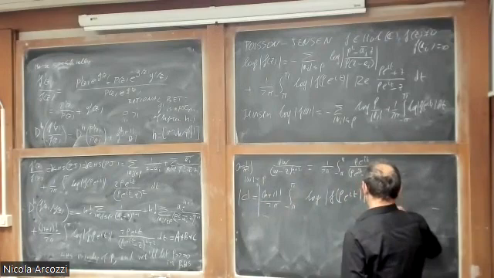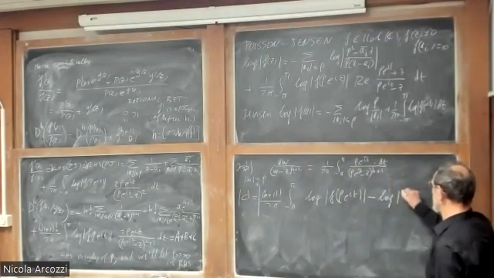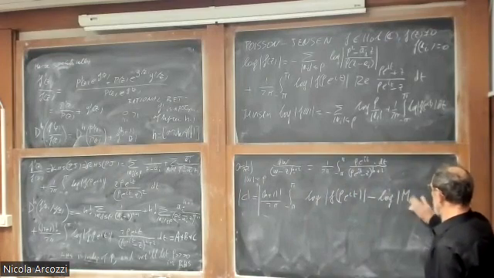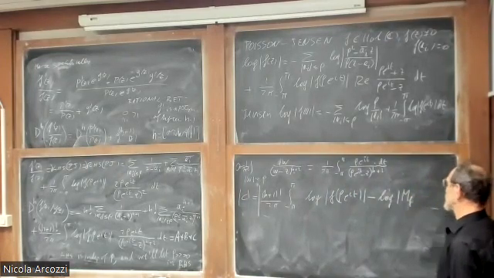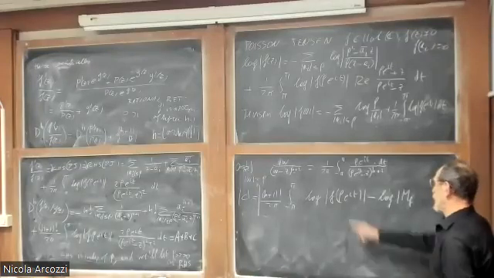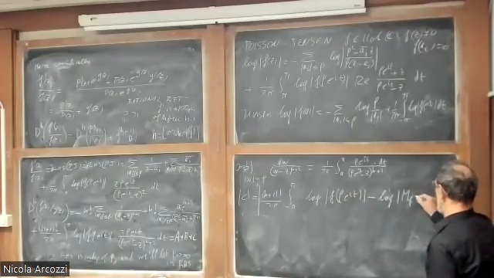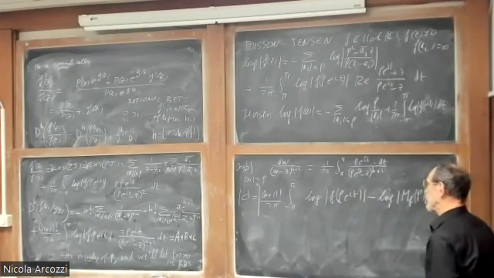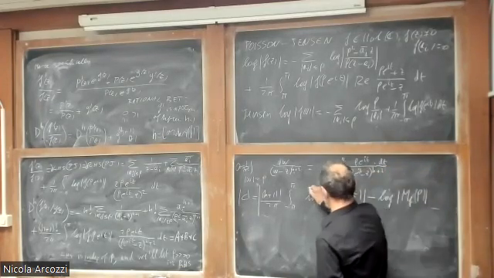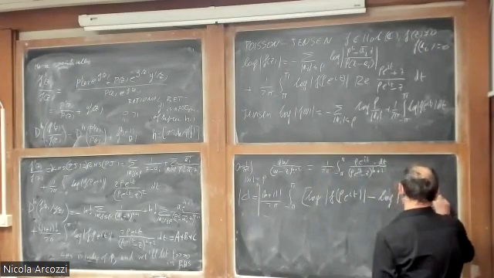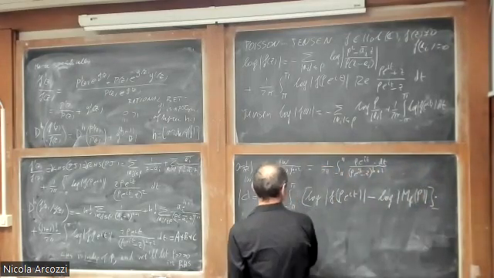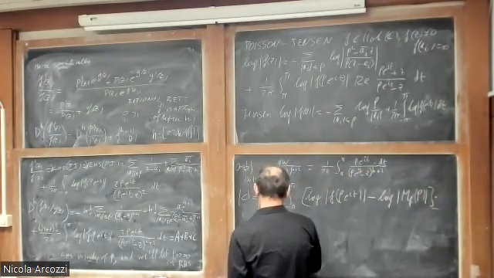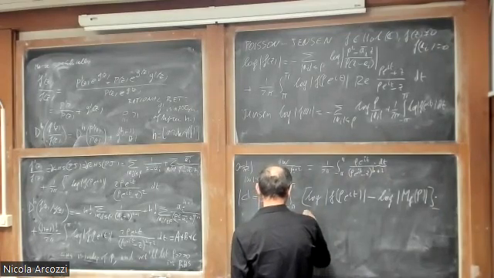And here I can subtract a constant, my constant, of course, is the maximum modulus of f at rho, times that rho.